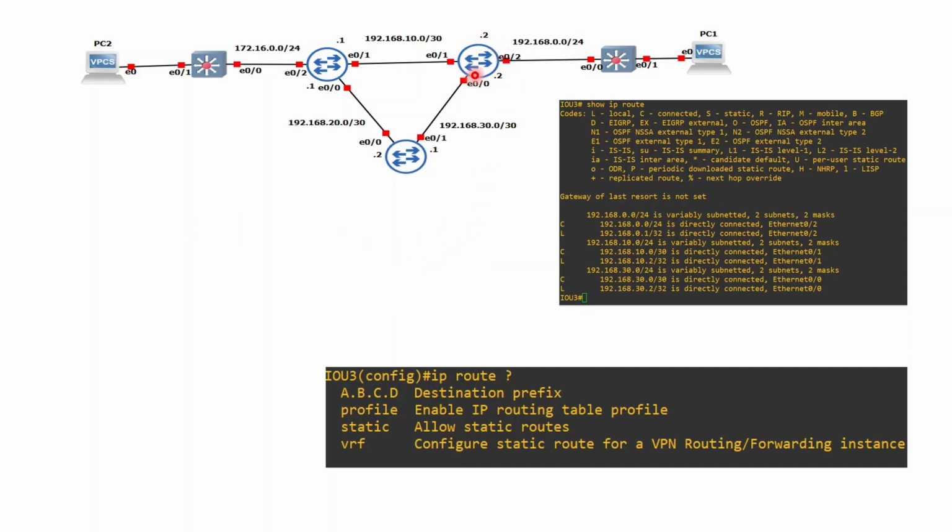Now, I am going to teach this router how to reach the network 192.168.20.0/30. Because even if we look at its routing table here, there is no network 192.168.20.0/30. So once you look here, there is no such address in its routing table.